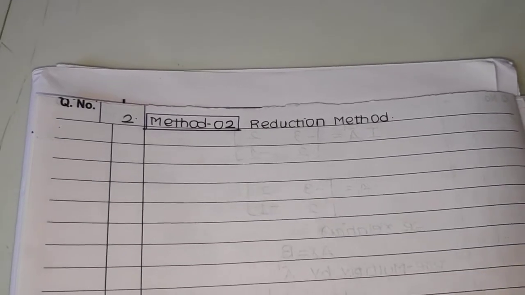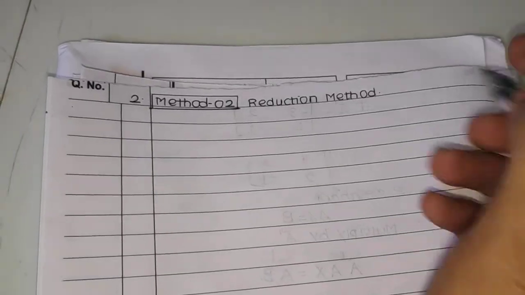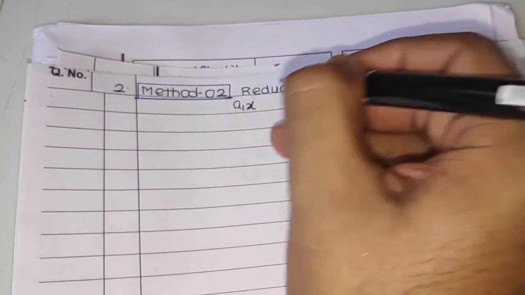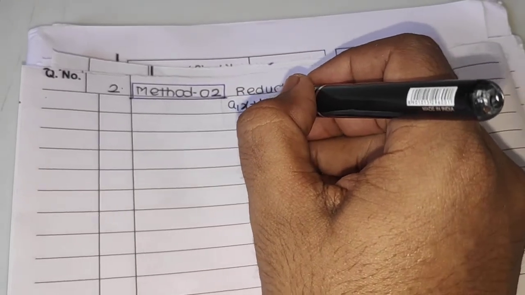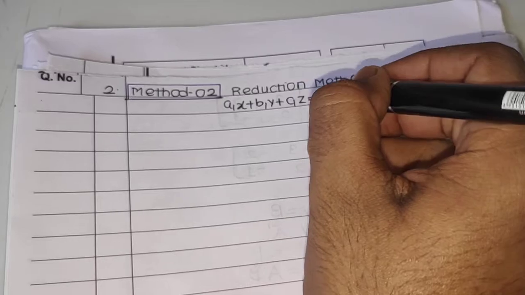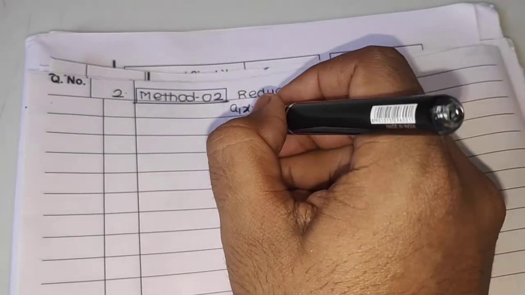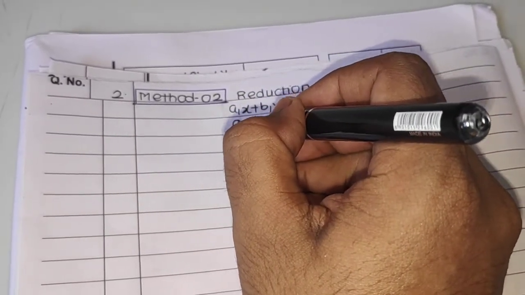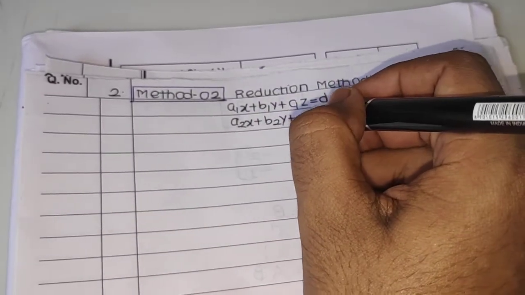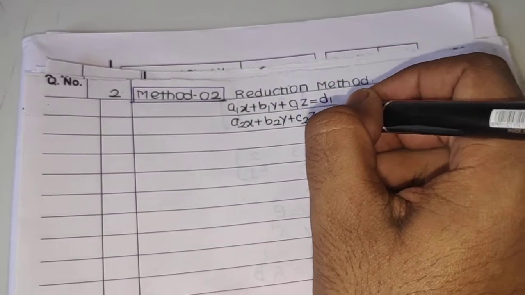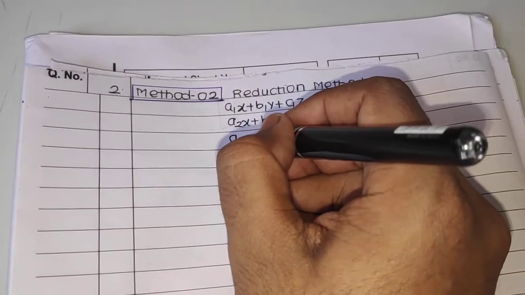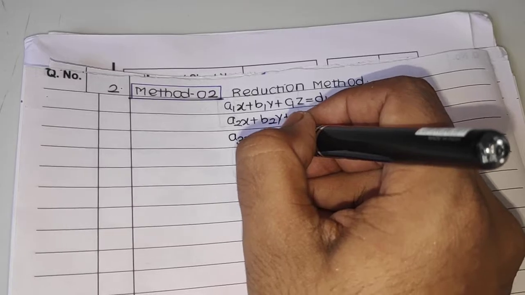So what has been given, once again let us consider three equations with us, like a1x, b1y, c1z equal to d1, a2x, b2y, c2z equal to d2, a3x.